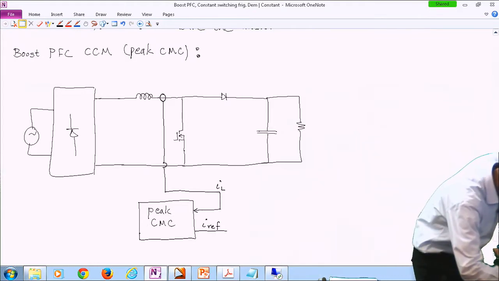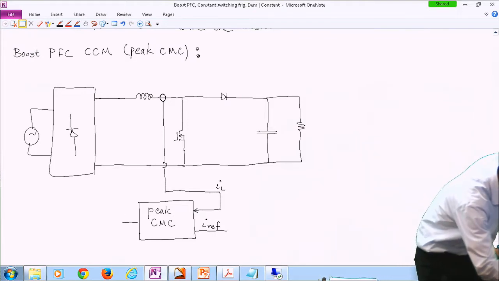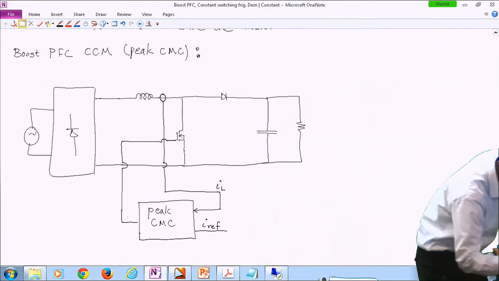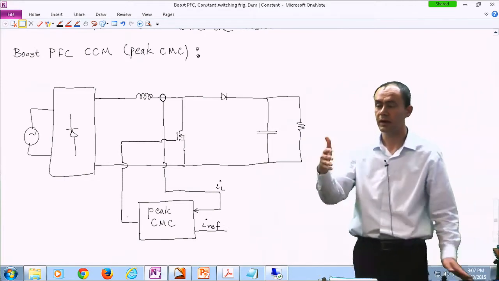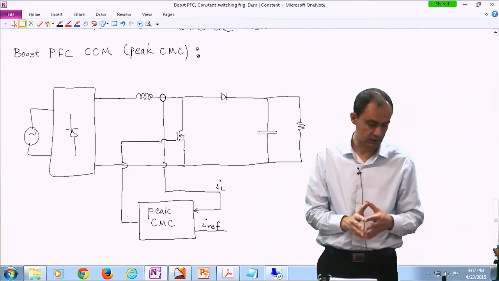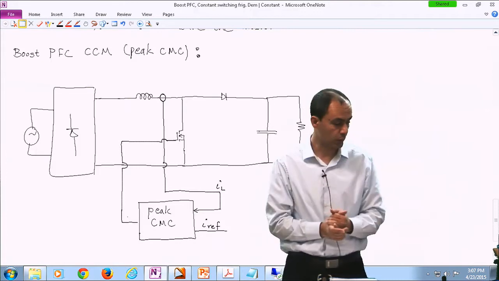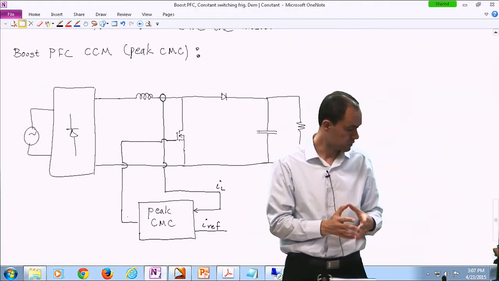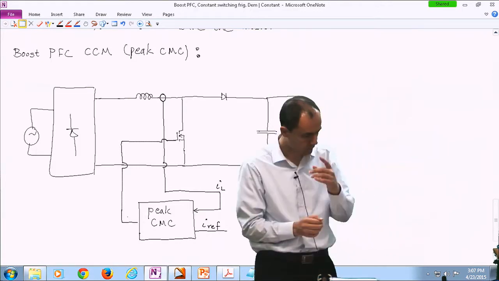So the output is easy, it just goes to the gate. And remember, we had to have some external ramp to avoid the subharmonic oscillation problem. All right.